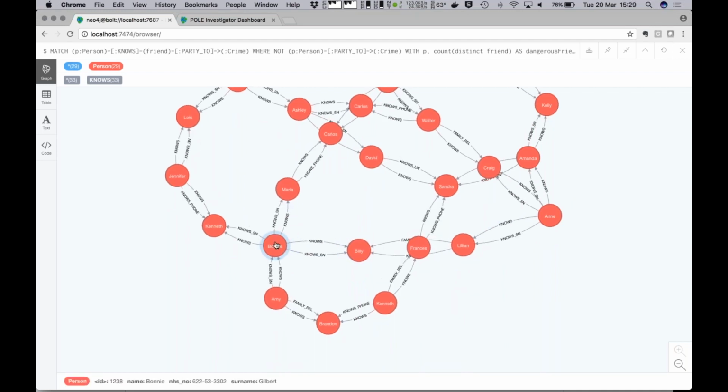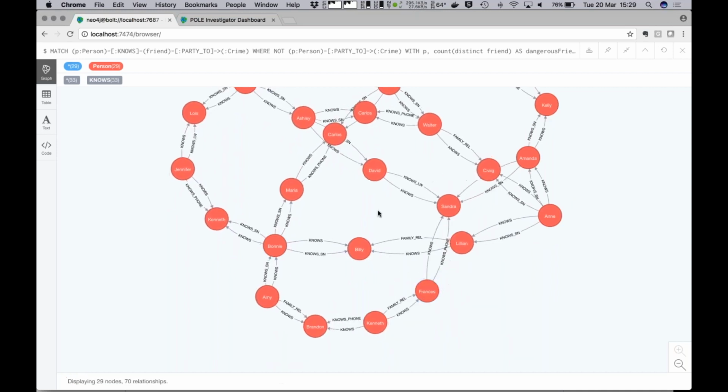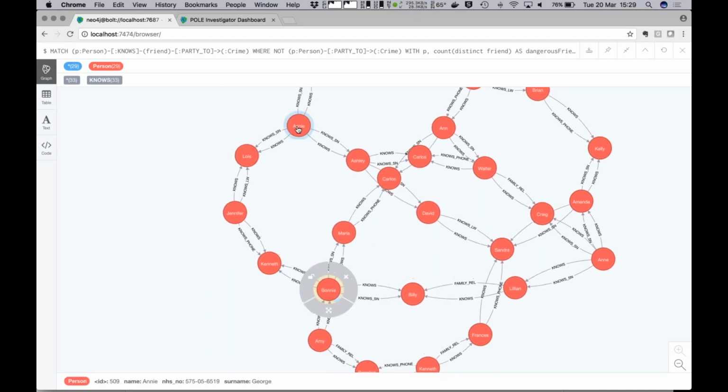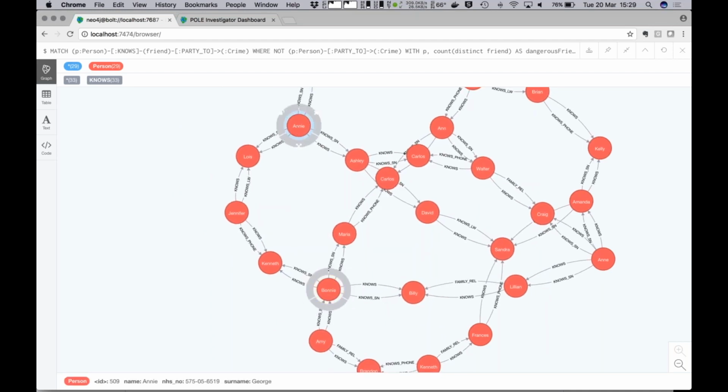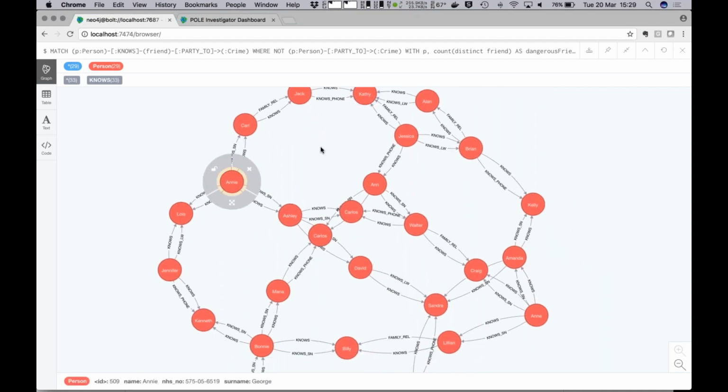So maybe there's a chance they know each other, but 4 relationships out is pretty high. So maybe they don't know each other. Here's Bonnie and Annie. That's how they get to Kathy. So you can build a picture of the graph, the relationships between individuals, and then try to understand how likely it might be that they know each other or that they operate in the same social circles.